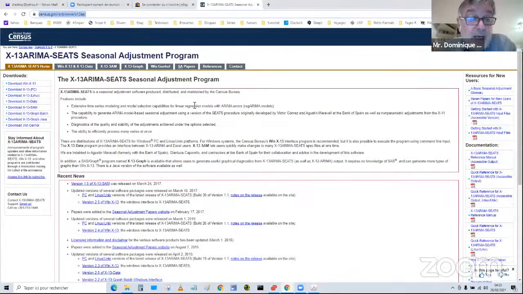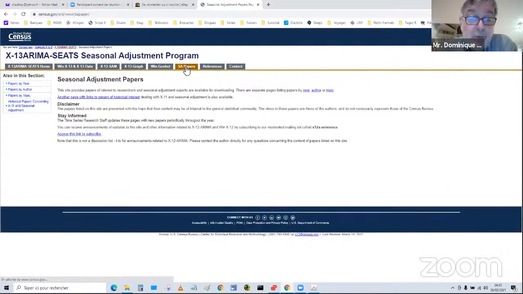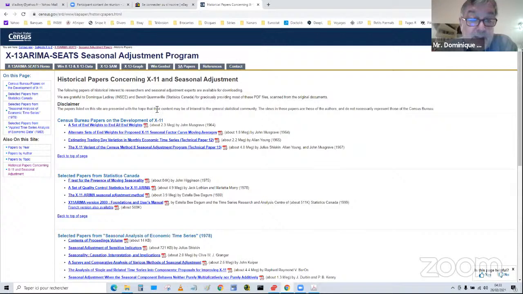Here is the website. You can find a lot of things inside, and in particular, a lot of papers. If you go on this tab, you will see, for example, SA papers. If you go to SA papers, you have a lot of things. For example, you will find historical papers on X11 and seasonal adjustment.